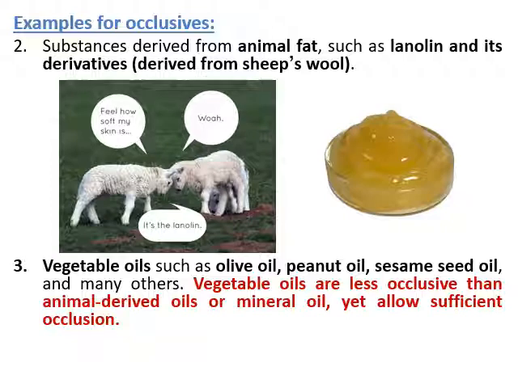If we compare the three types, mineral-derived, animal-derived, and vegetable oils, we will find that the vegetable oils have less occlusive properties than both animal and mineral-derived substances. But they can give us sufficient occlusion, though not on the same level as the animal or mineral oils.